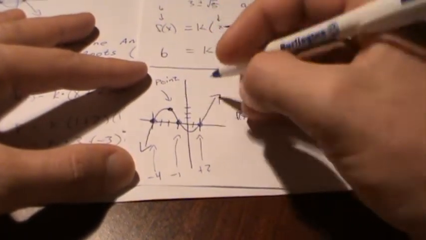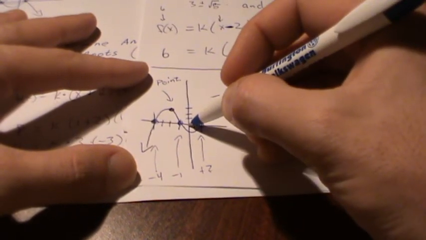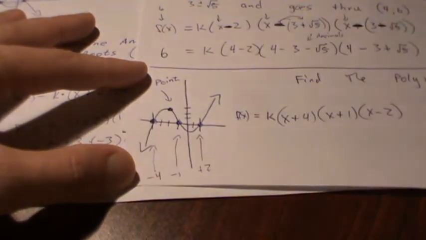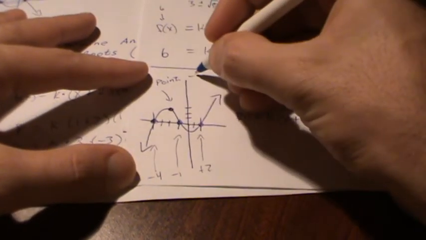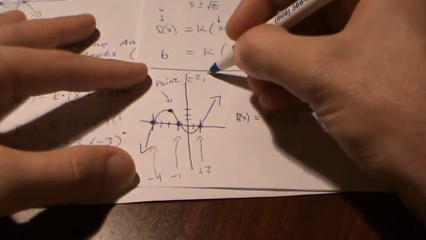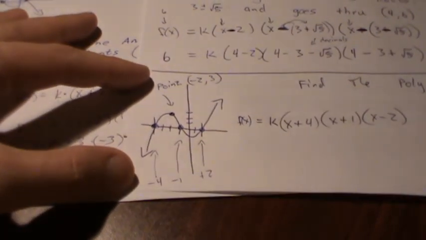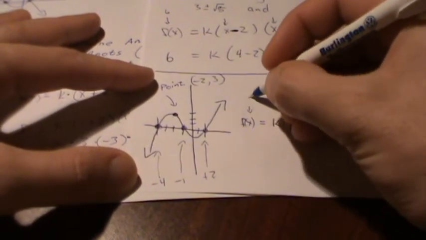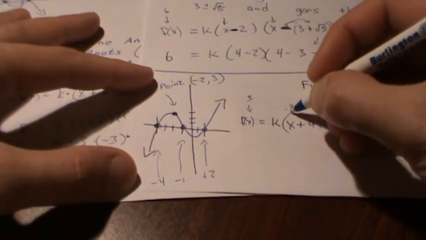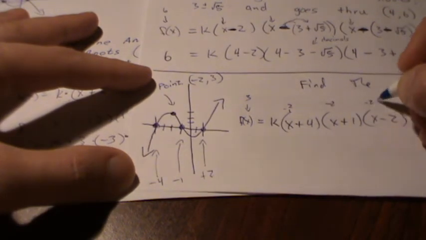So this point right here looks to be negative 2, comma 3. So to make sure it goes through negative 2, 3, I would put a 3 here and a negative 2 here, here, and here.